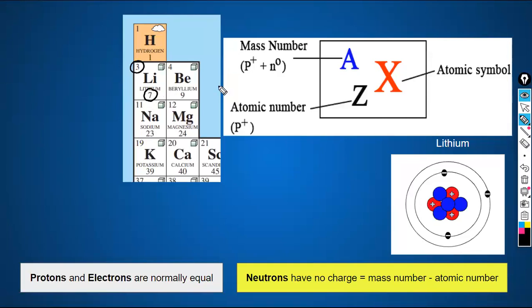Now, on your periodic table, for some strange reason, the smaller number is on top, and the larger number is underneath. However, if you were to write lithium outside of your periodic table, the larger number goes on top and the smaller number goes underneath.